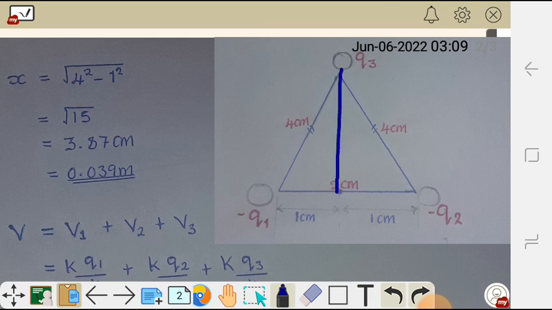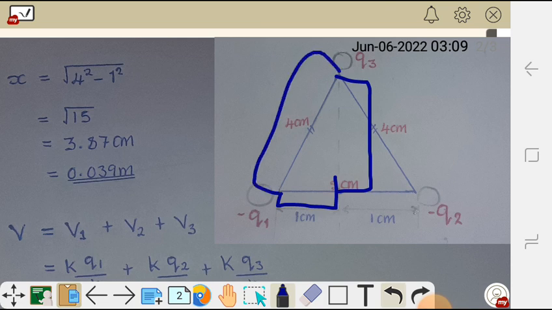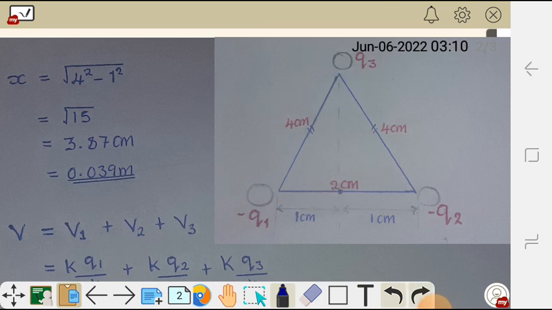We can find this distance by applying Pythagoras theorem, which says the square of this side plus the square of that side is equal to the square of the hypotenuse, meaning we are going to subtract the 1 centimeter side squared from the 4 centimeter side squared. Then the square root of that gives us the distance we are looking for.